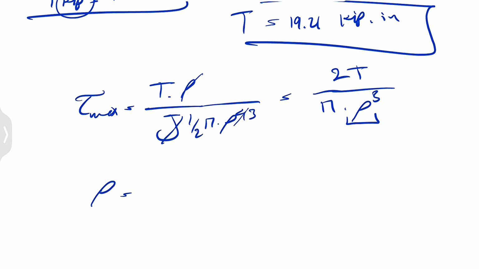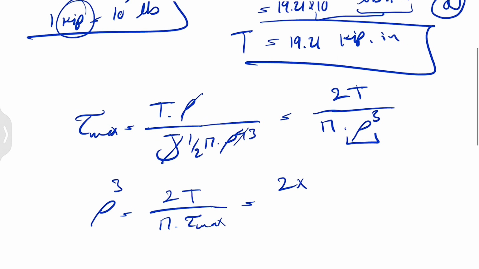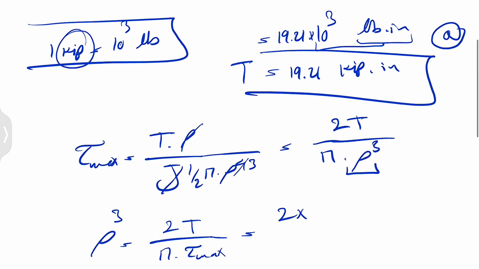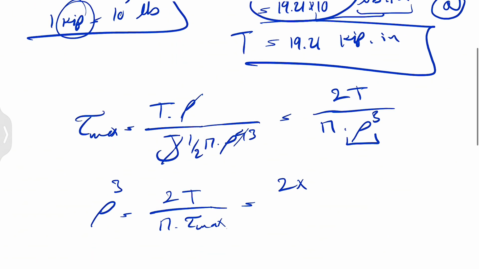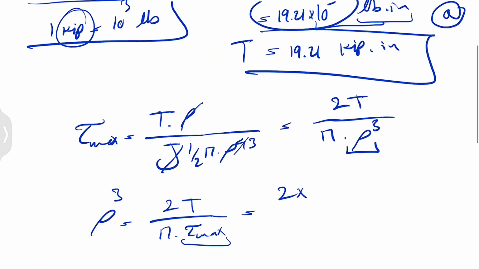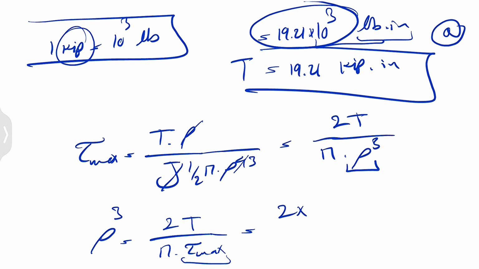So rho cubed would be 2T over pi times the maximum shearing stress. We're going to have the same torque. We can either go with this unit, but keep in mind if we are going with the pound, we have to be consistent for this one too. So let's just go with the pound.